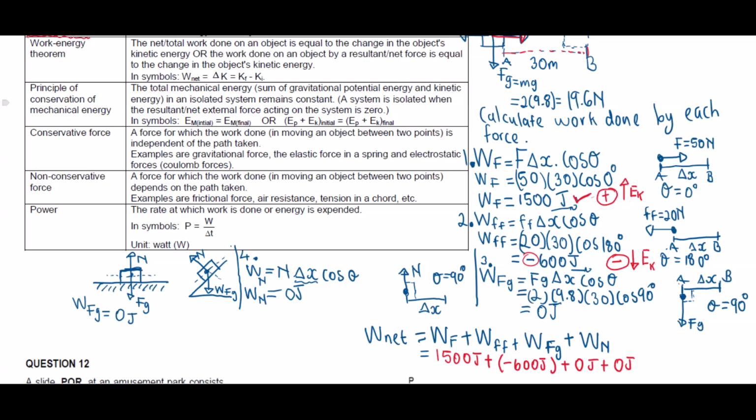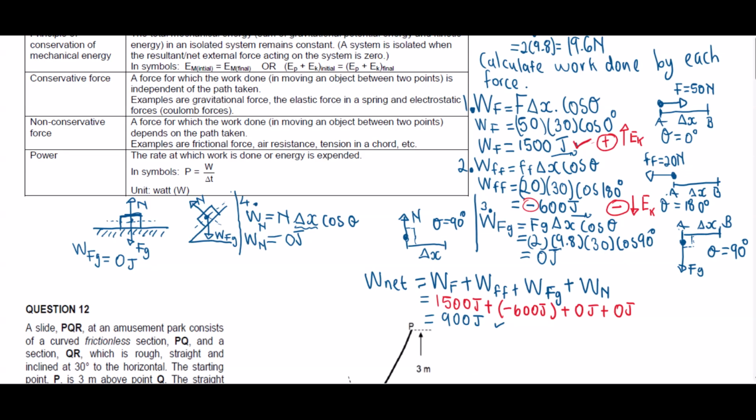It's going to be 1,500 plus negative 600 plus 0 plus 0, and now the answer is 900 joules. So this is the net work done by all the forces, right?